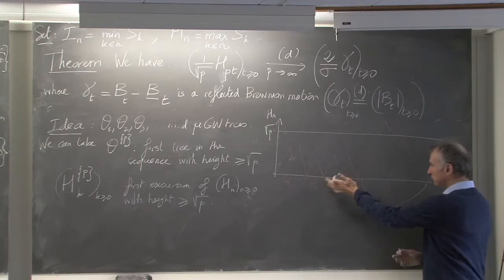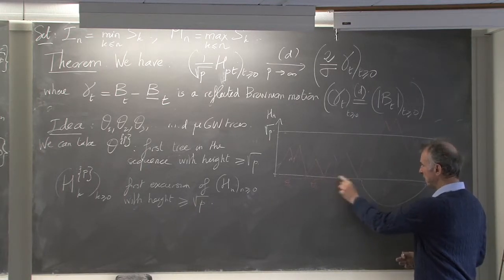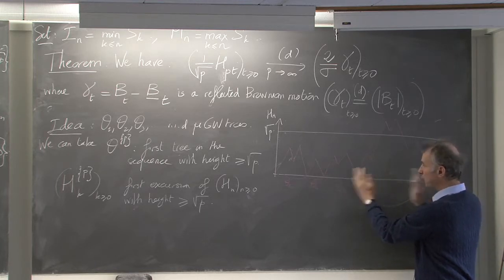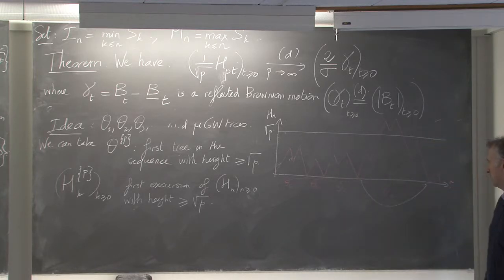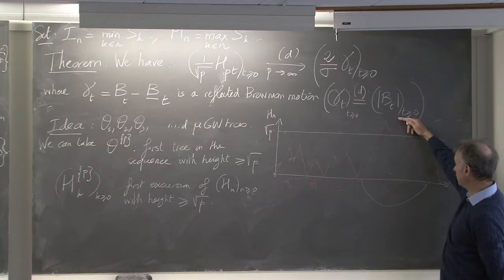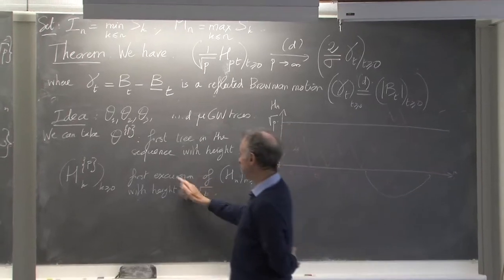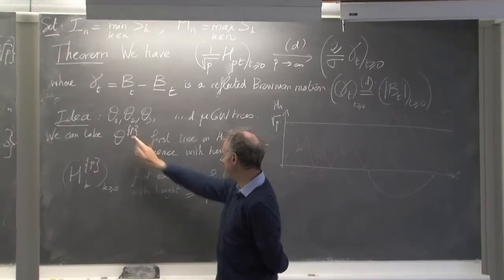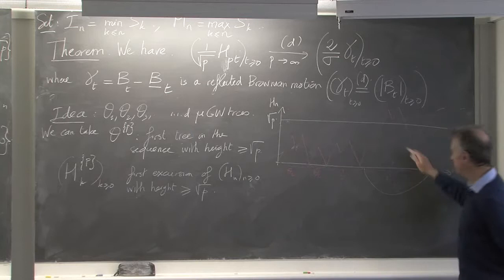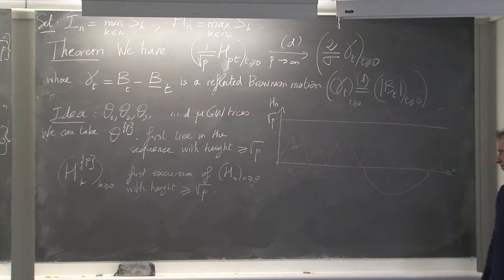Each excursion, so I repeat, by excursion I mean the part of the path between two successive zeros, each excursion corresponds to one tree. And the height of the excursion is also the maximal generation in the tree. It's also the height of the tree. So the excursion that will correspond to theta brace P will be the first one here with height greater than square root of P.